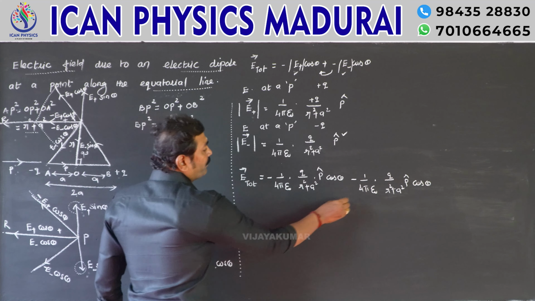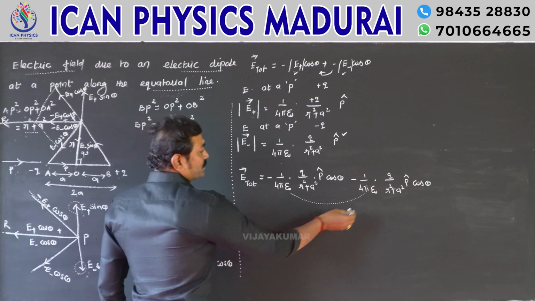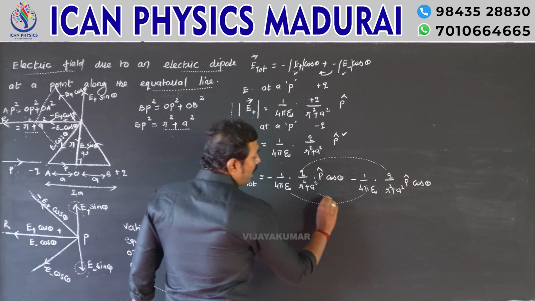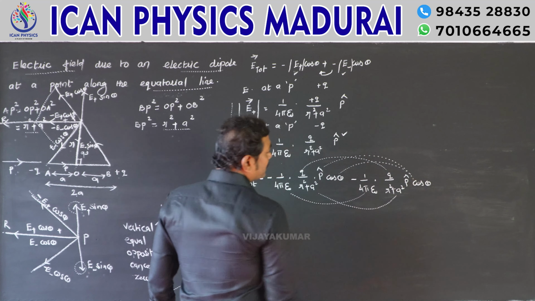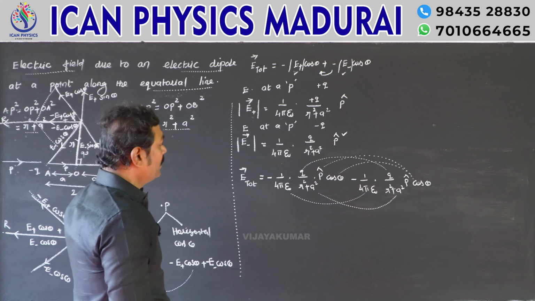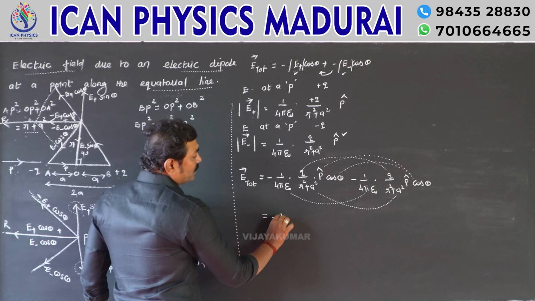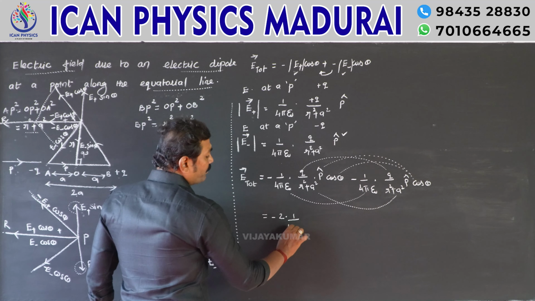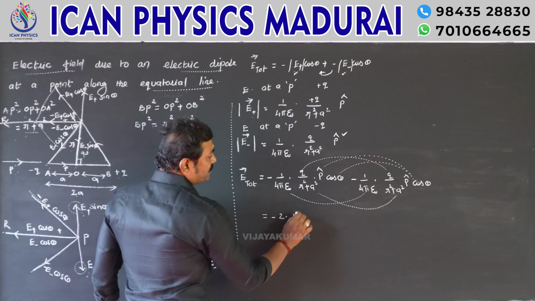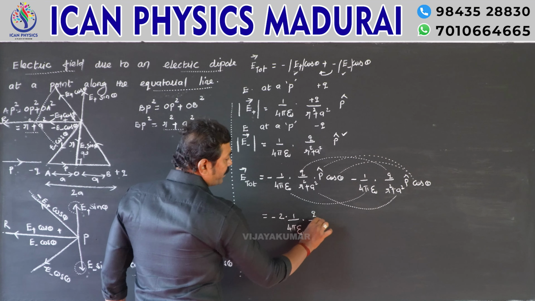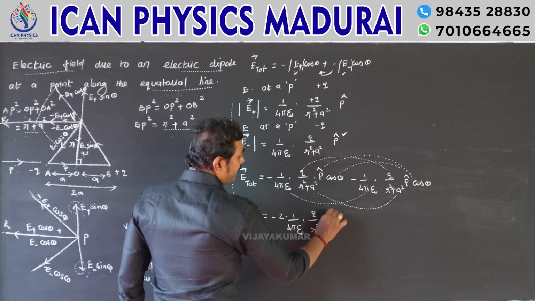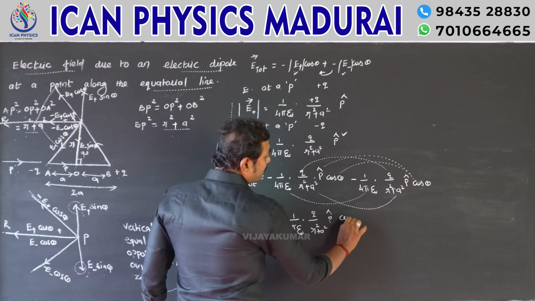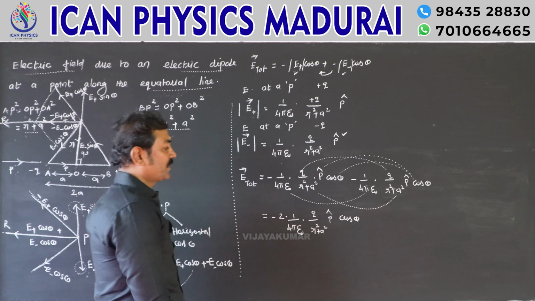All the terms are doubled, so minus 2 times 1 by 4 pi epsilon 0 q by r squared plus a squared into p cap into cos theta.